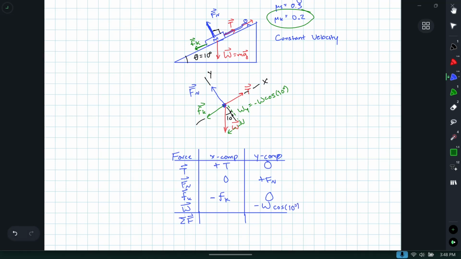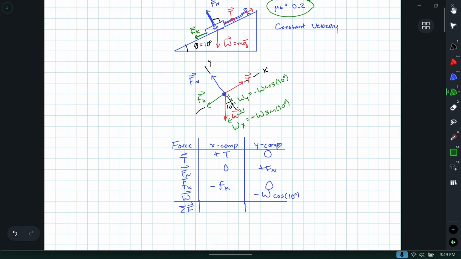For the other component, it's in the negative x direction, Wx. Whoops, sorry, I sort of double counted there. Wx itself, the x component of the weight, is negative. It's equal to the weight times sine of 10 degrees, because this side is opposite the 10-degree angle.